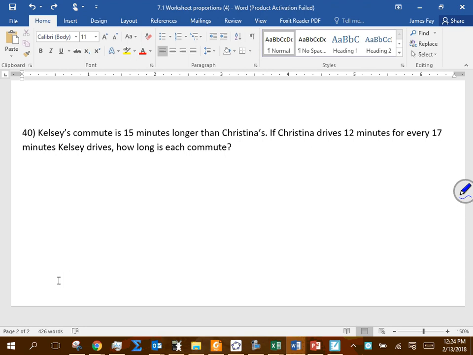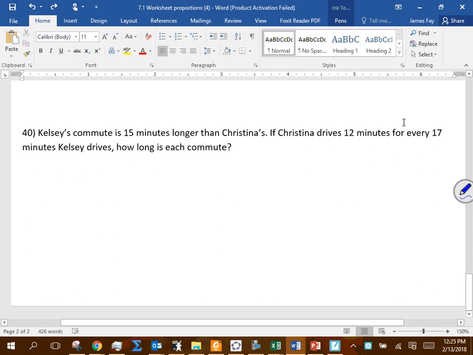If I keep reading, it says Christina drives 12 minutes for every 17 minutes Kelsey drives. You know key phrases, like when we see the words of, more than, or less than, they tell you operations, right? When you see the phrase for every, they're telling you that it is a ratio.